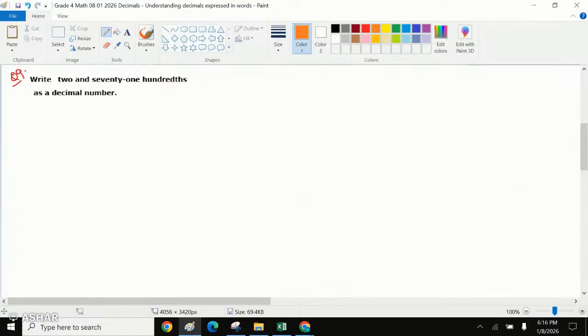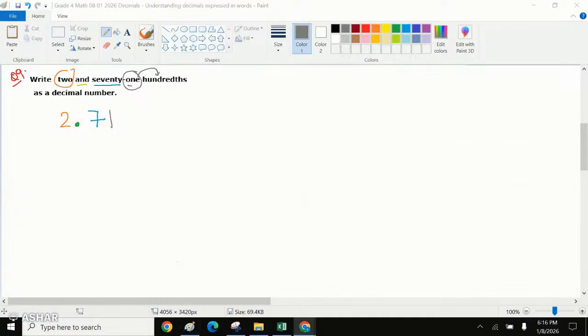So can we say 2 is the unit part and comes with the decimal, right? This is 70. How many hundredths were there? There was a single hundredth part. Yes. Thank you, Rowan. That is 2.71. Moving ahead to the next question.